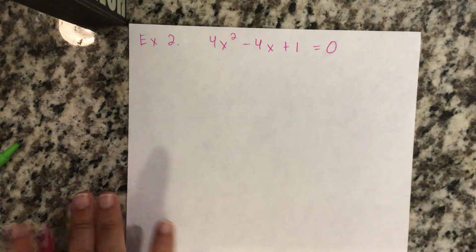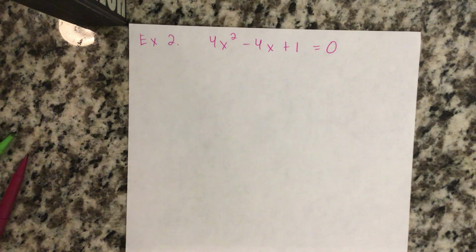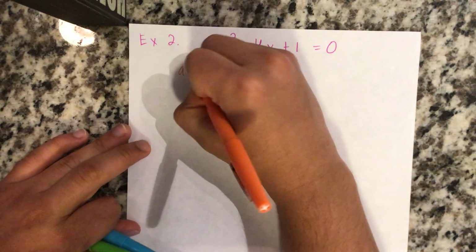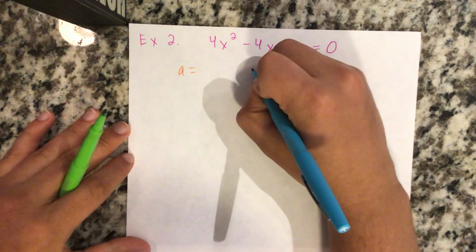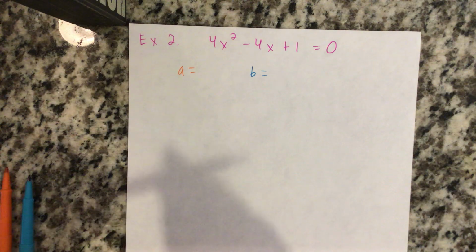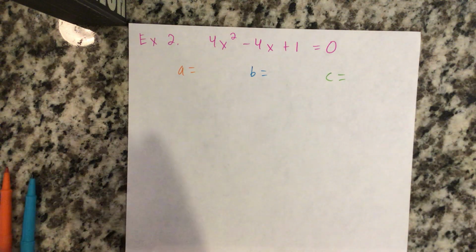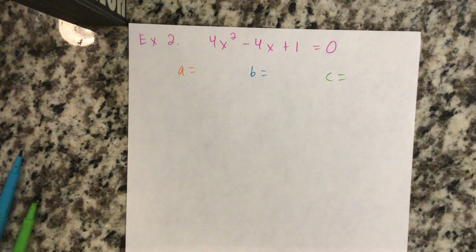So, same thing, just like I did last time. Okay? A, B, and C. I know it seems repetitive, but it's going to help you out at first so you don't mix up your numbers, okay? Especially with this formula with the b squared minus 4ac, you can get kind of confused. So just kind of write it out.